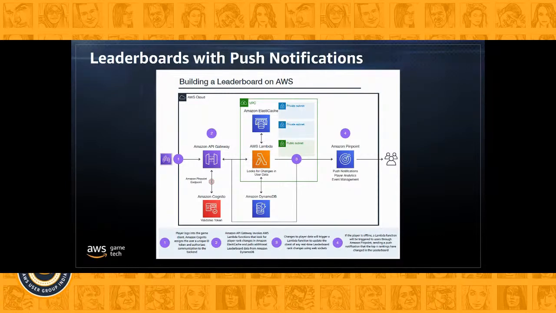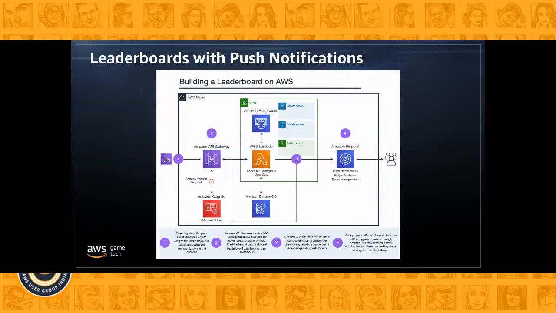Utilizing a serverless approach, we're using Amazon API Gateway. This invokes different Lambda functions that look for player rank changes in a leaderboard. As different people are playing, let's say you have the top 5 players, Amazon API Gateway authenticates with Cognito, and then it talks to Lambda, and we actually utilize ElastiCache as well.